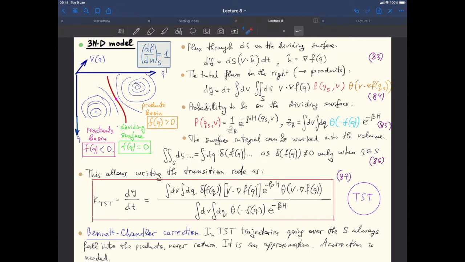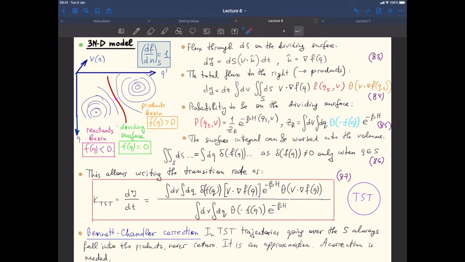So we can imagine that if we stand anywhere before the dividing surface in the reactant basin, we will fall into the reactant basin. If we stand outside that dividing surface but on the side of the product basin anywhere, we will fall into the product basin.